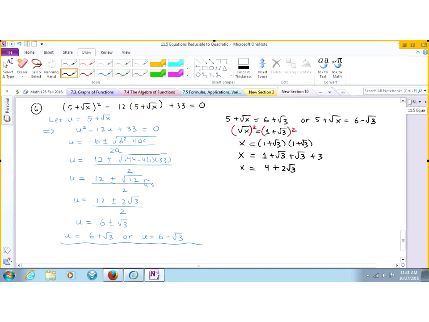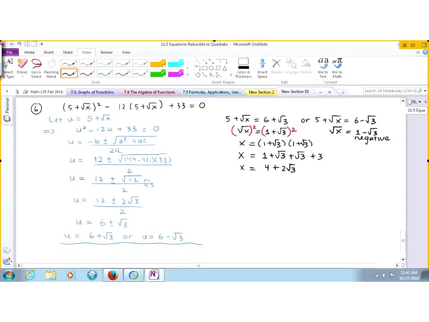You cannot simplify it, right? You already get the x. Now what about the other one? Square root of x is equal to 1 minus square root of 3. This is a negative number, right?